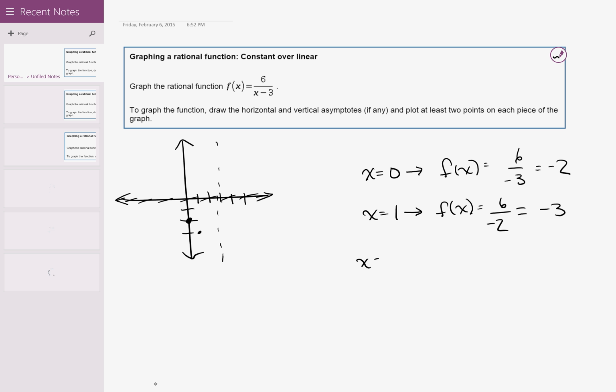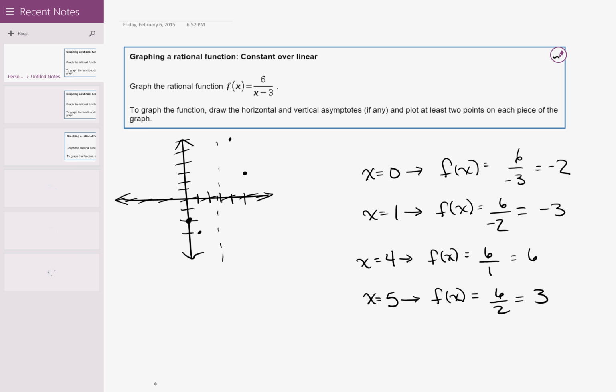If x is equal to 4, then f of x is equal to 6 over 1, which is 6. And if x is equal to 5, then f of x is equal to 6 over 2, which is 3.